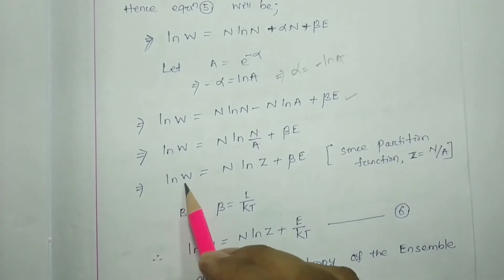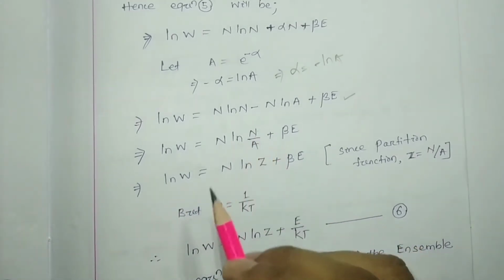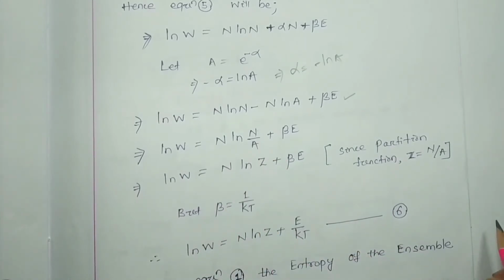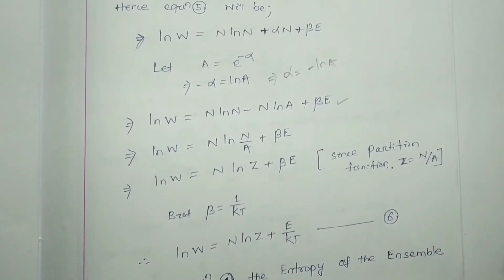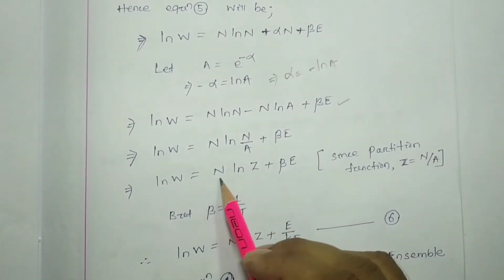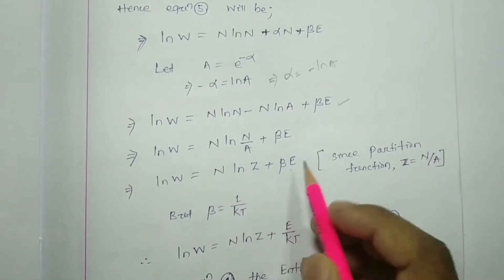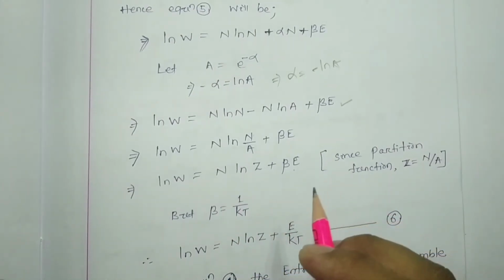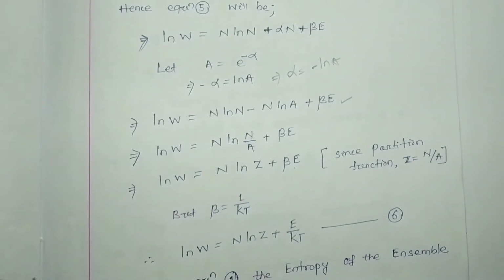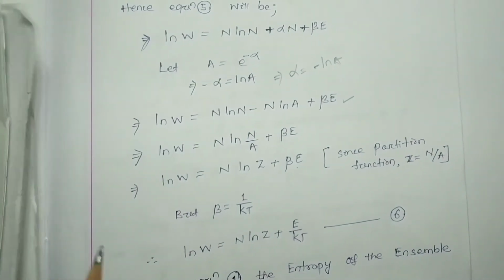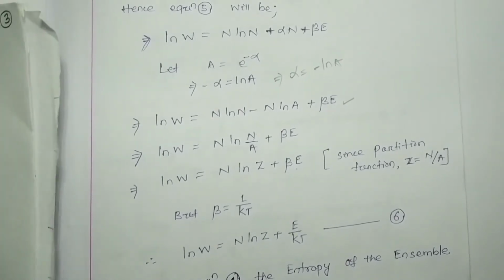So ln W will be equal to N ln (N by A), which is nothing but your partition function of the gas molecules. It will be N ln Z plus beta E. You can check your note: in our last class we discussed that N by A is nothing but your partition function.